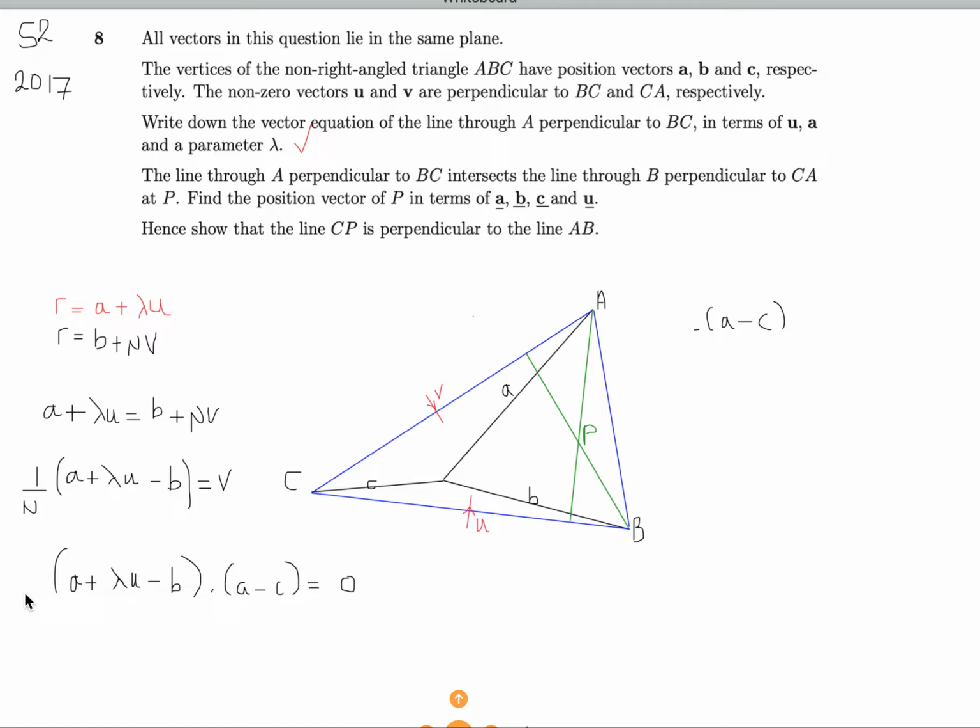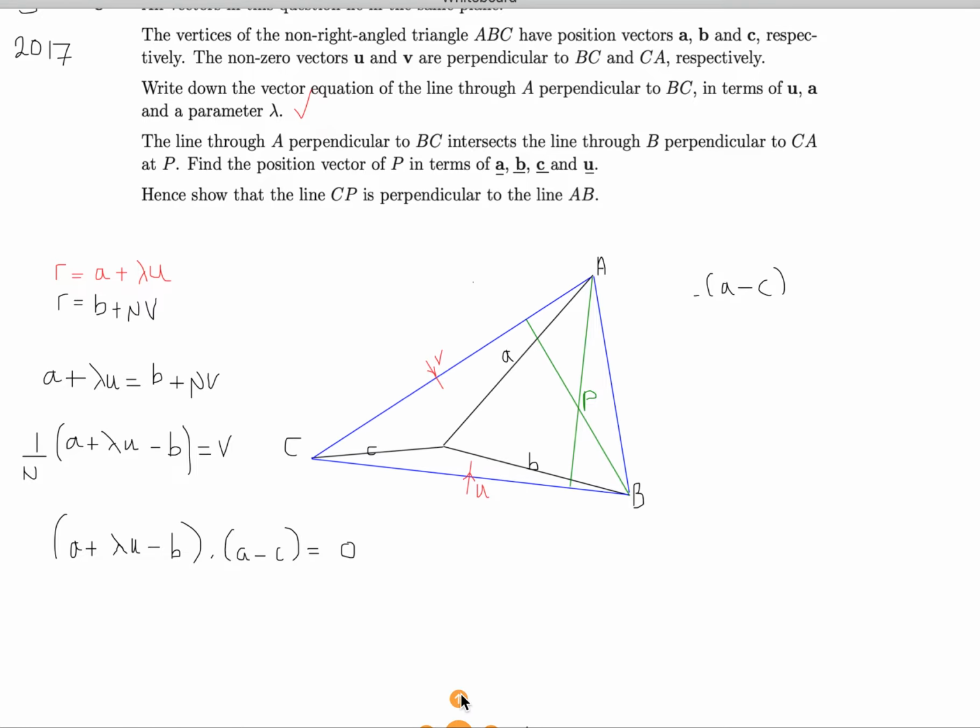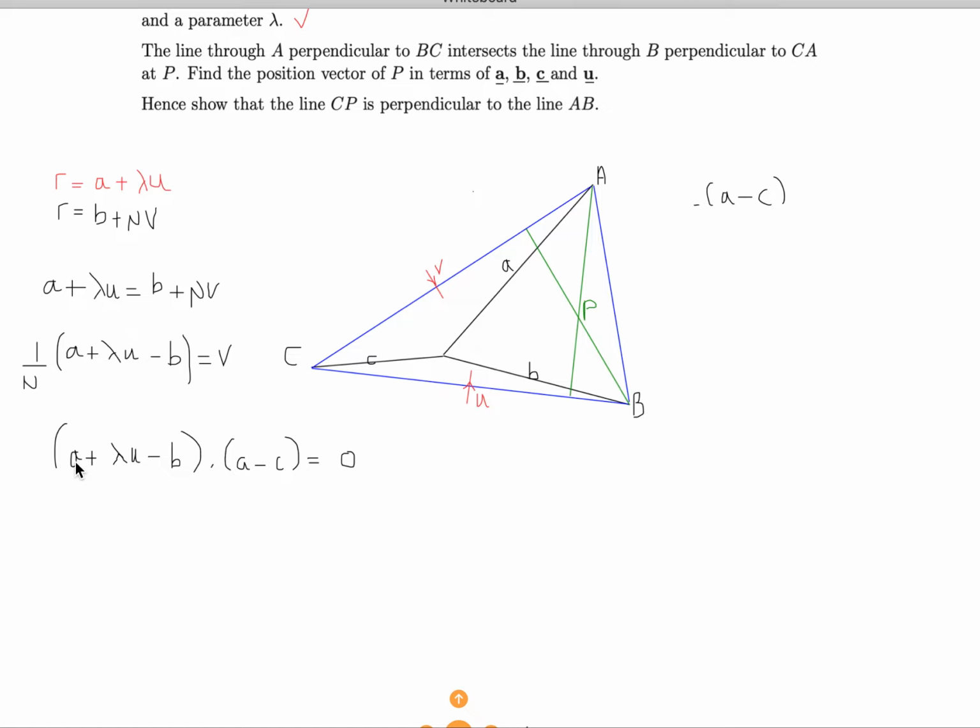Now I want to expand this out because I want to find an expression for lambda. So I've got a minus b dotted with a minus c, plus lambda u, which is also dotted with a minus c.